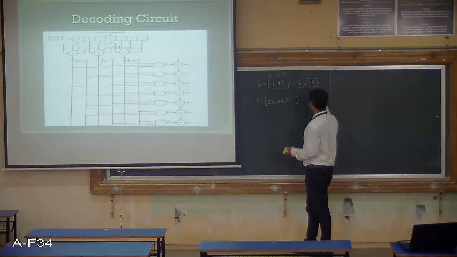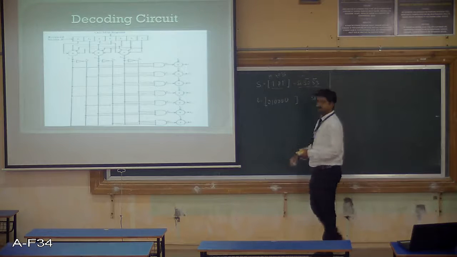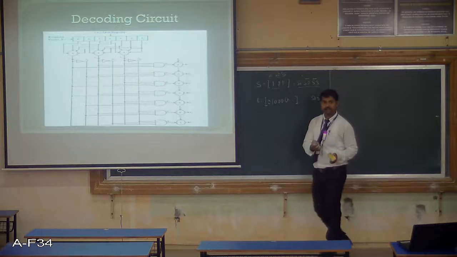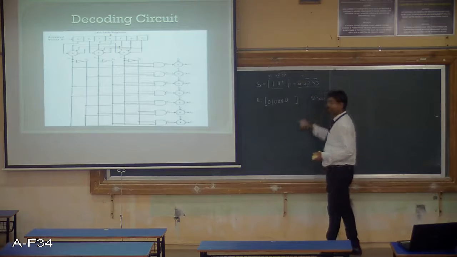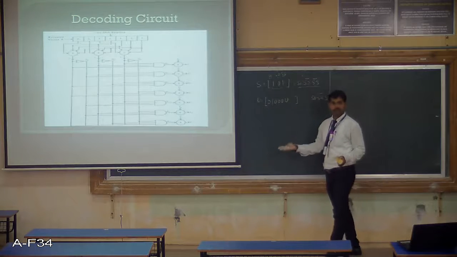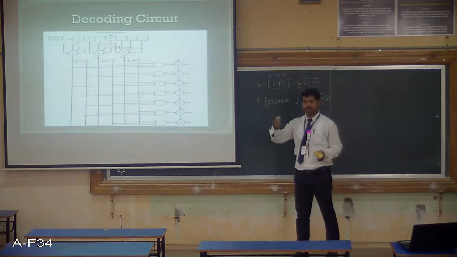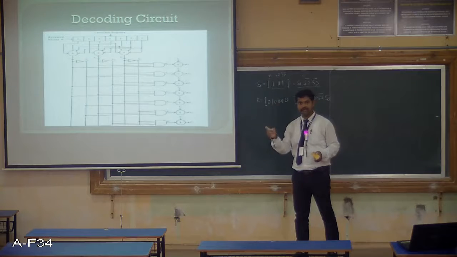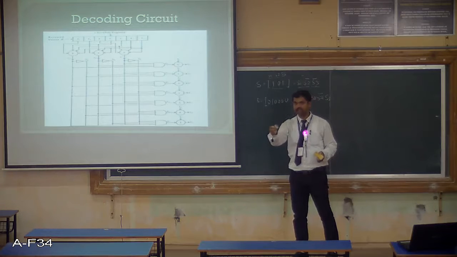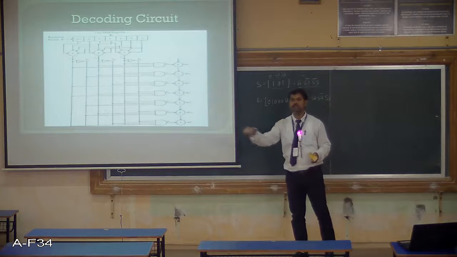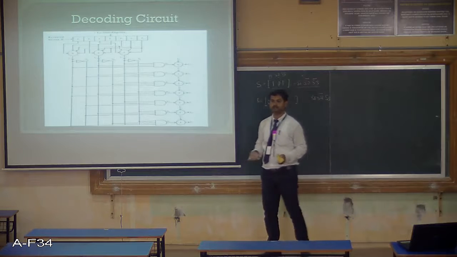S1, S2 bar, S3. S1 is available. S2 bar is available. S3 is available. Take those, tap them, and use the AND gate. Whenever that particular combination 101 occurs, the output will be logic high.